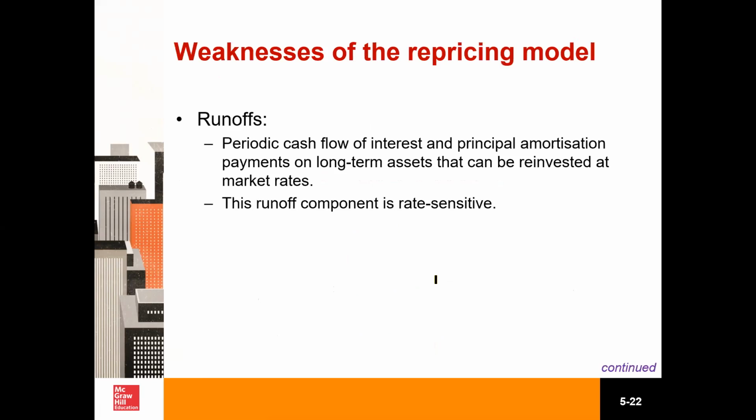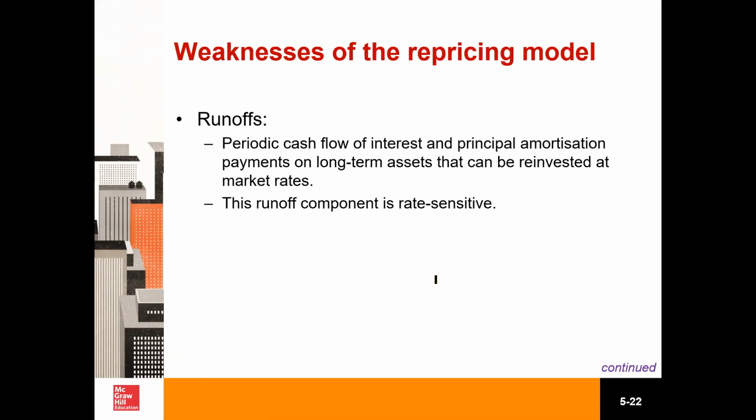The next is the run-offs. The simple repricing gap model that we are considering in this chapter assumes that the assets and liabilities in a certain maturity bucket mature at the same time, as I have discussed in the last point. However, even in the same maturity bucket, assets of similar maturities may not mature at the same time.